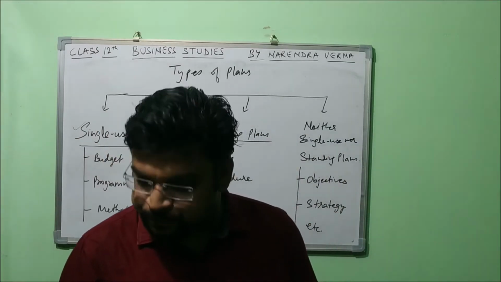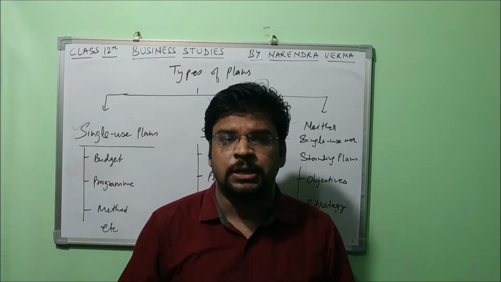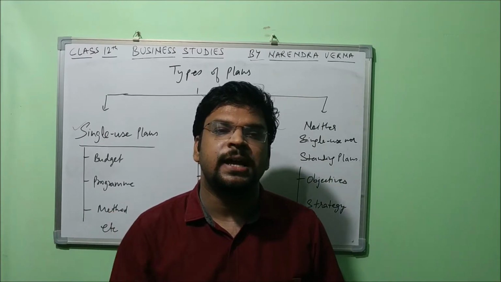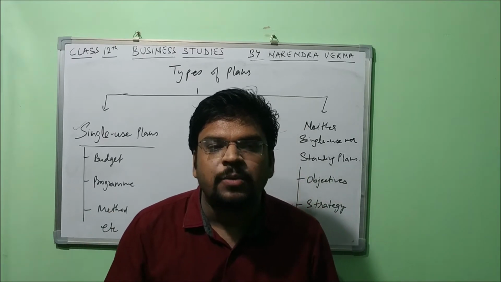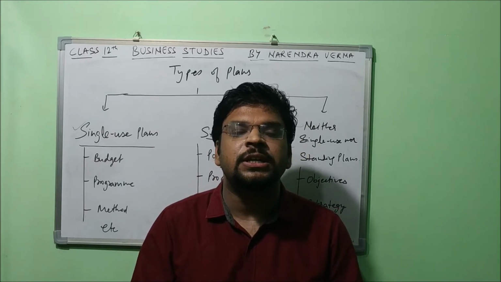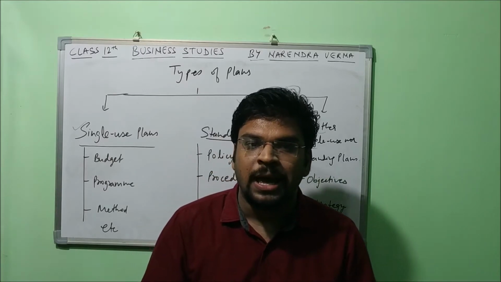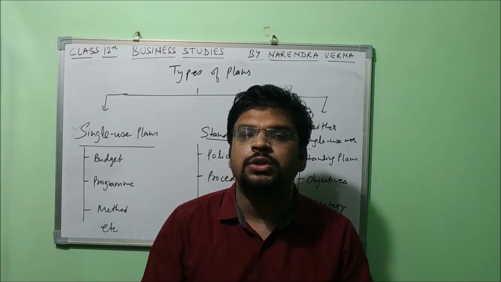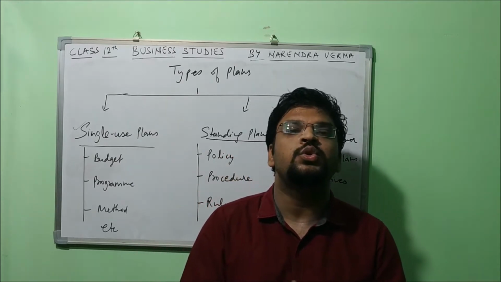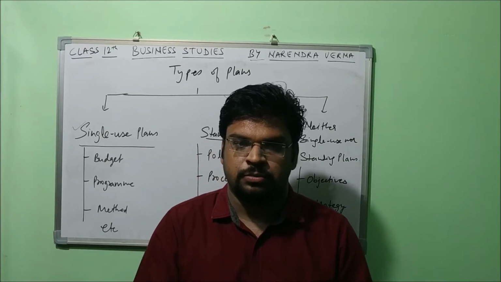See guys, what happens, single use, as by the name it is very much clear, these are the plans which are meant to be used only for a single time. These are made for a short period, and these are specifically designed to achieve some particular goals, and these cannot be used for recurring activities, means these are designed to solve the problems of non-recurring nature.